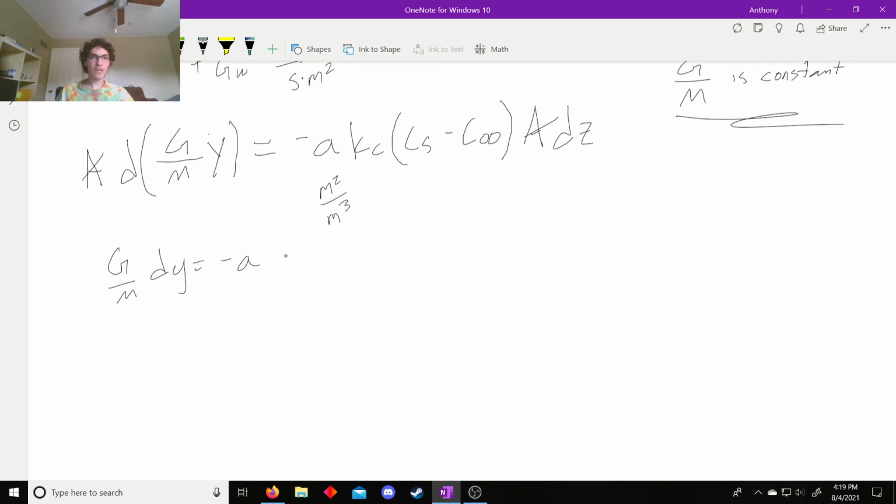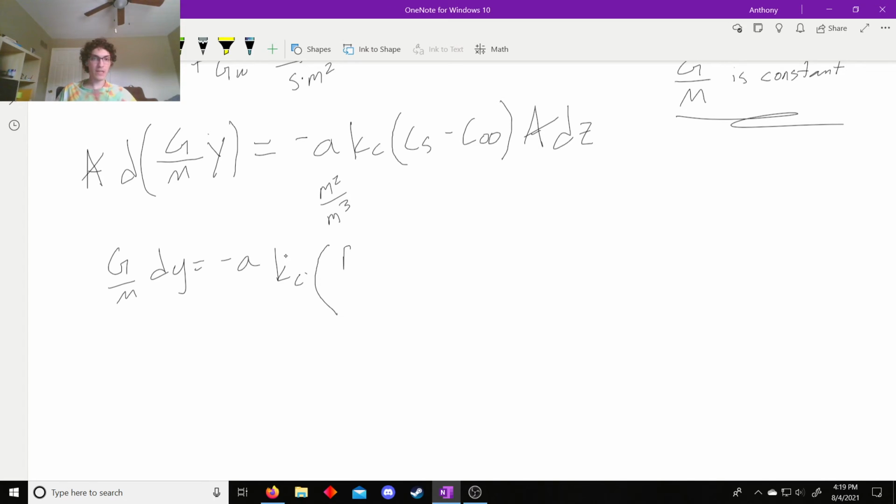Now this Kc, or this expression here, the concentration of water vapor at the surface, or just above the surface, we can express that in terms of the partial pressure.